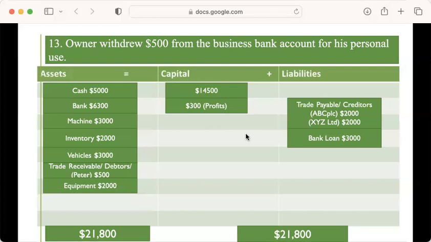That's just one transaction. But there were two effects. One effect was cash at bank decreased by 500, and the other effect was capital of the owner decreased by 500. So every transaction has two effects. You need to understand both these two effects, and then you will be able to record these things successfully in accounts with the double entry system in ledger accounts that we will discuss in the next lesson.